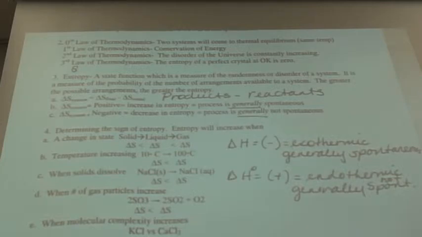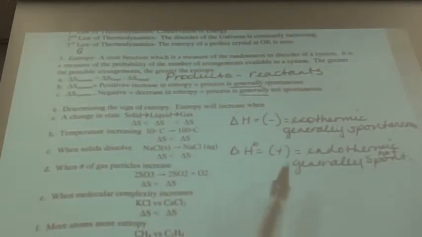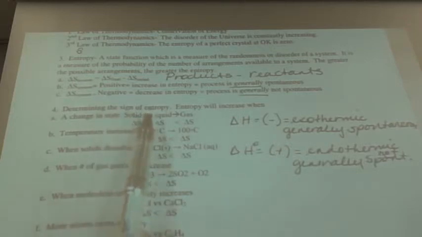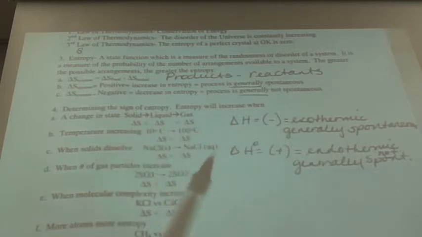Melting of ice is endothermic, yet it happens spontaneously at room temperature. Okay, so exothermic, generally spontaneous, endothermic, generally non-spontaneous. You're going to be asked 1,000 times to determine whether the entropy of a reaction is increased or decreased. Here are some guidelines for you.